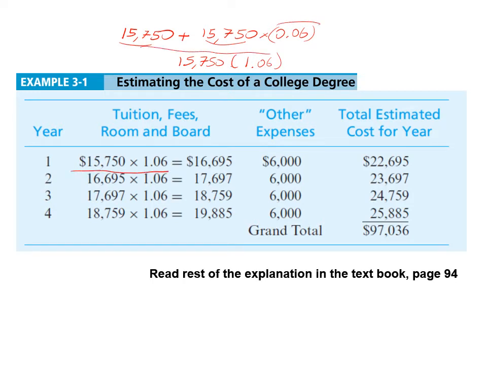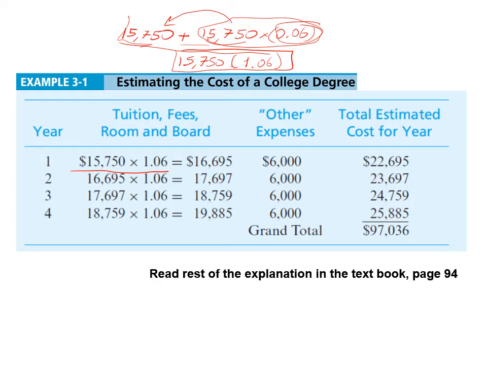An increase of 6% means you take 6% of the value and add it to the original value. So when we say a 6% increase, you don't need to do this calculation each time. You will simply multiply by 1.06.